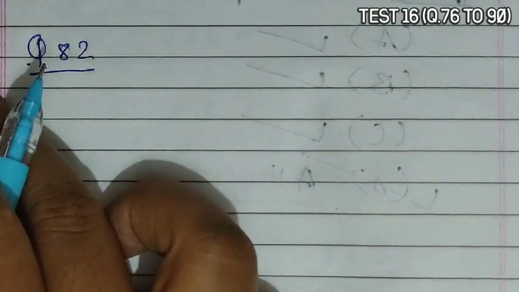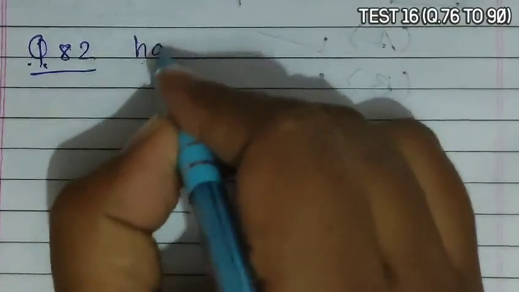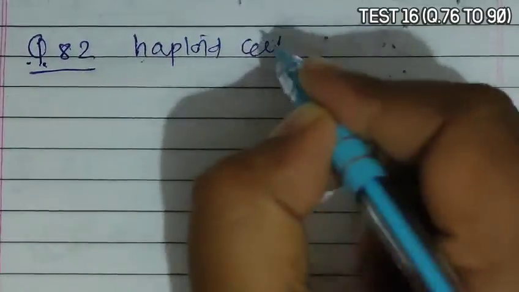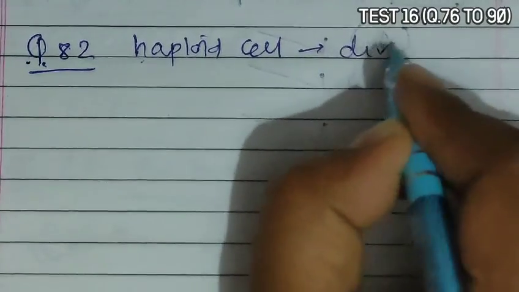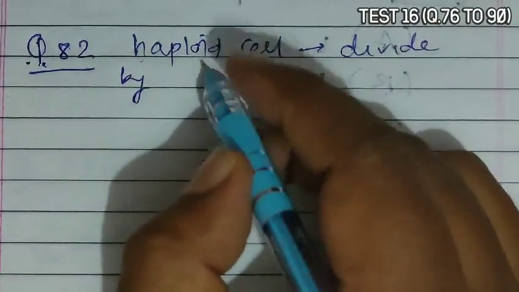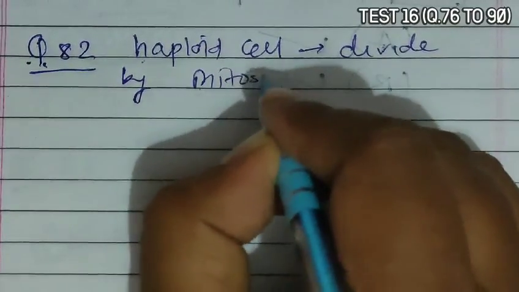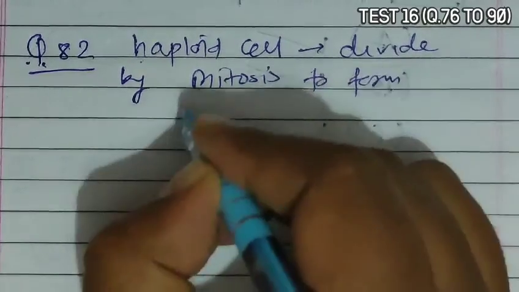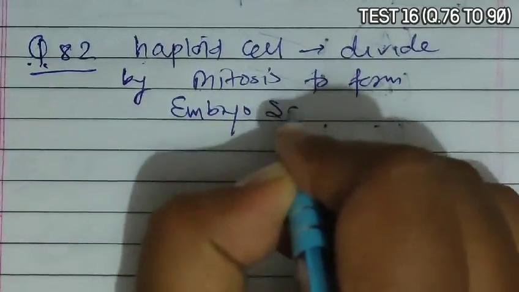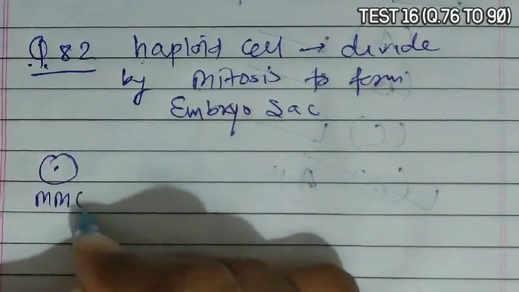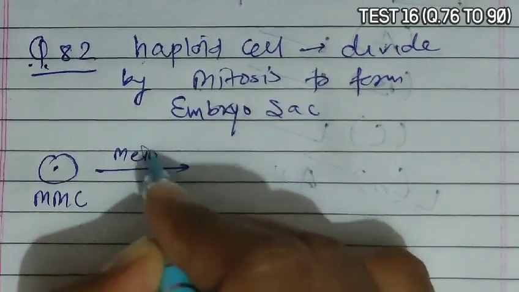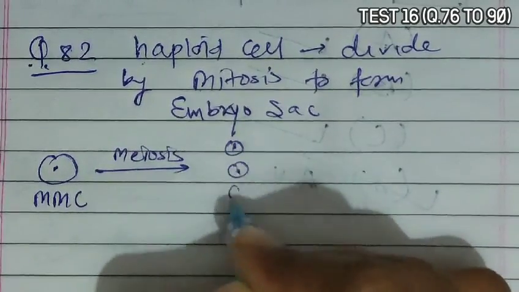Next is question 82. Question 82 asks which haploid cell divides by mitosis to form embryo sac. During the formation of embryo sac, initially there is a single megaspore mother cell which undergoes meiosis and 4 megaspores are formed.